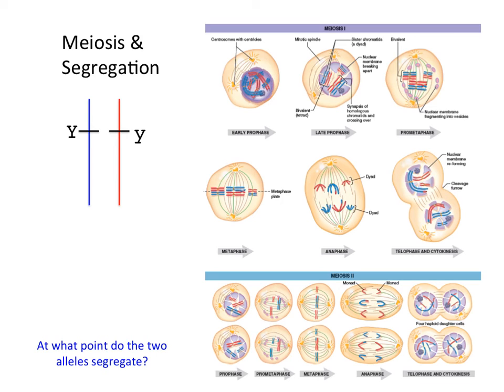Here, I'll put it back the way it was. How big would our Punnett square be if we put all of the gametes on the Punnett square? And this is just making more work for ourselves, because now we've got a 16 cell Punnett square, right? I've put every one of these, big Y, little y, on one axis.